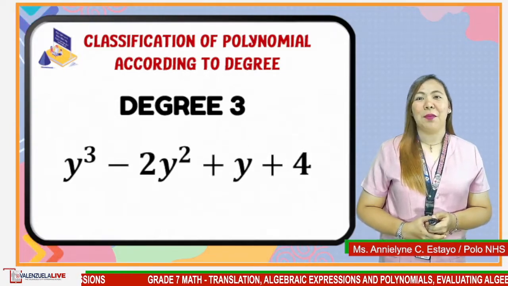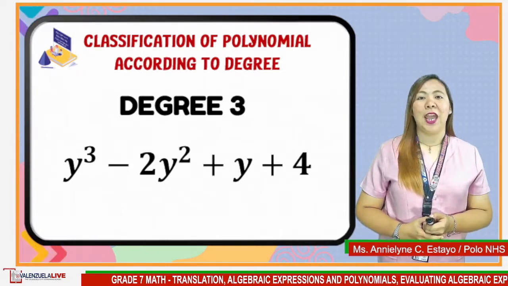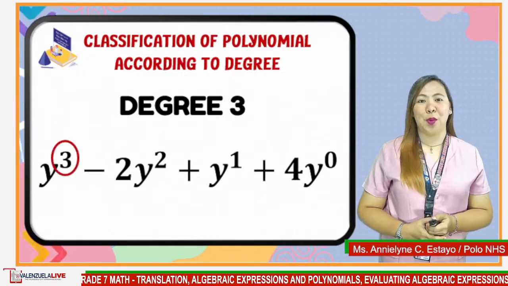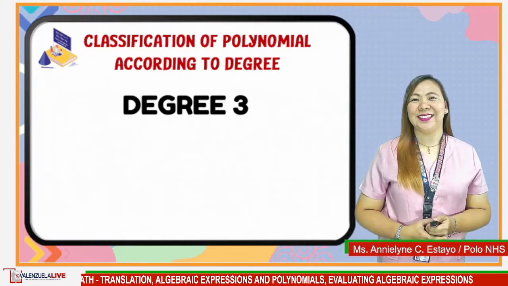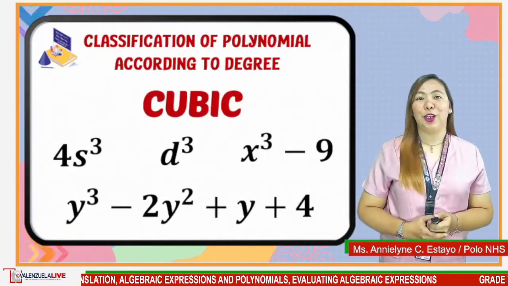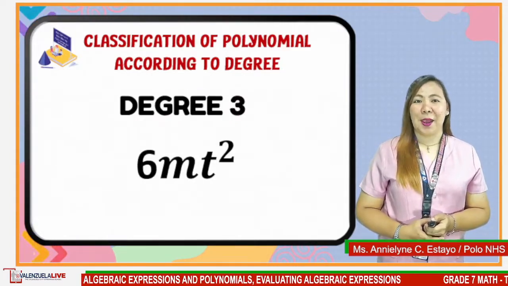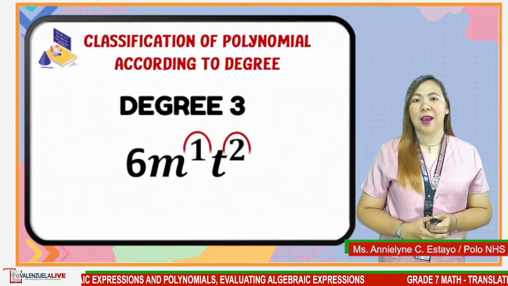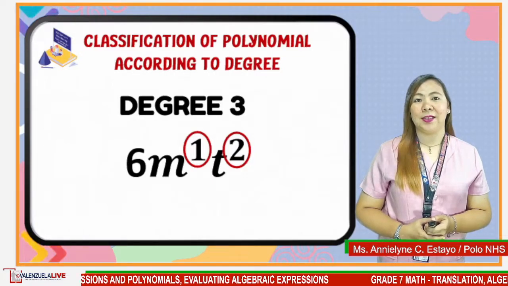Y cubed minus 2y squared plus y plus 4 is also in the degree 3 since the highest exponent among the terms is 3. These examples are called cubic. Another is 6mt squared, which is in the degree 3 since the sum of the exponents of m and t is 3.